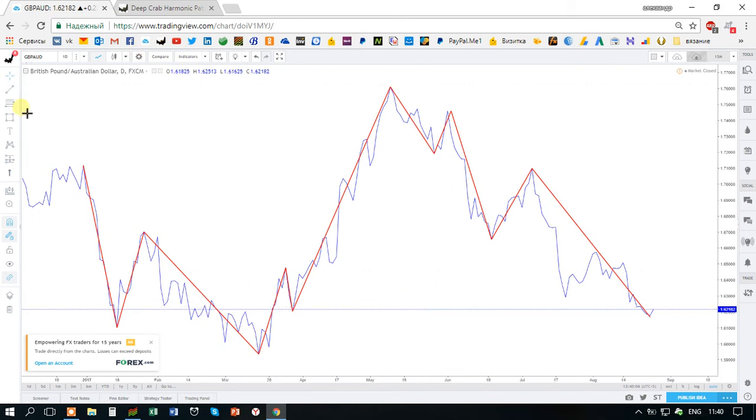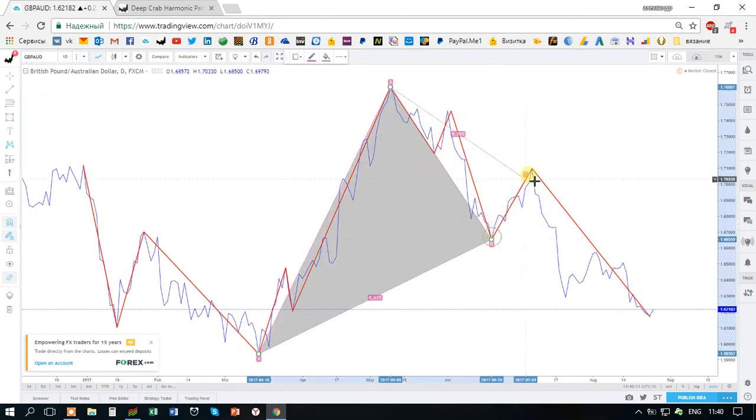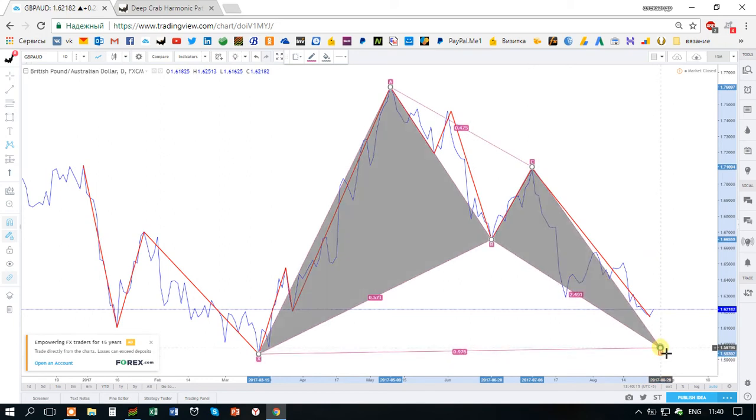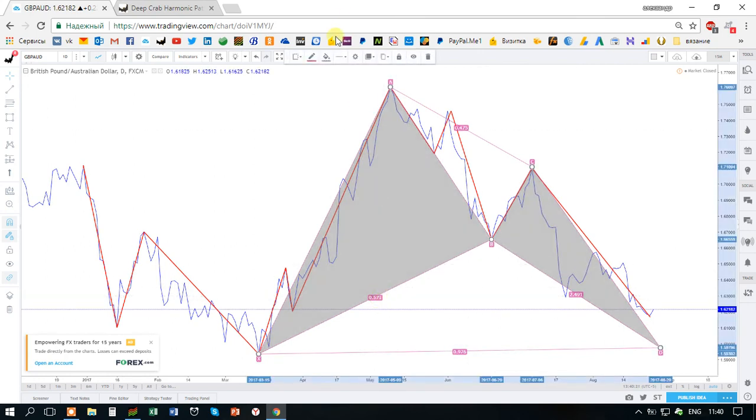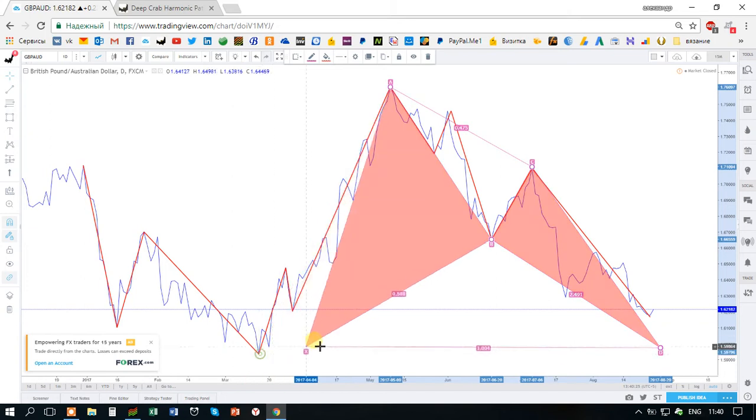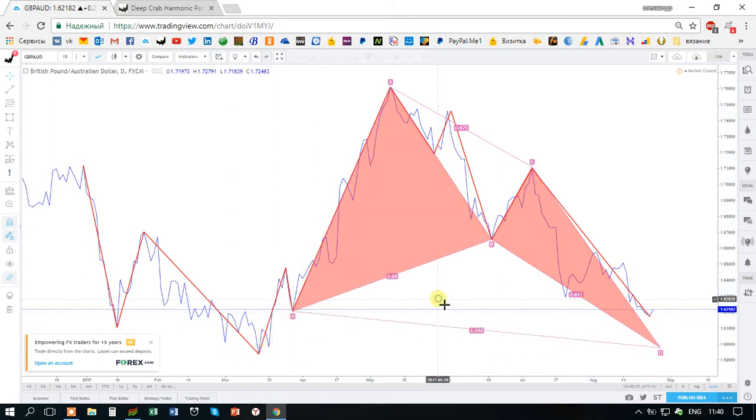If you draw your Gartley pattern this way, from here to here, like this, well, it is up to you. You will draw your patterns this way. I'm not drawing them this way. I draw them this way. So it is a bit different.